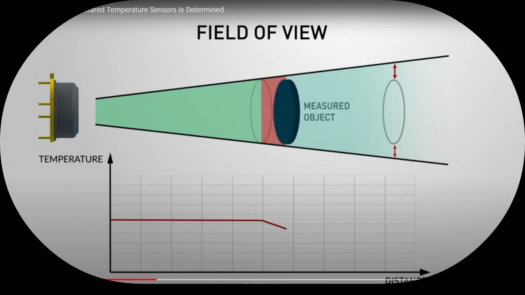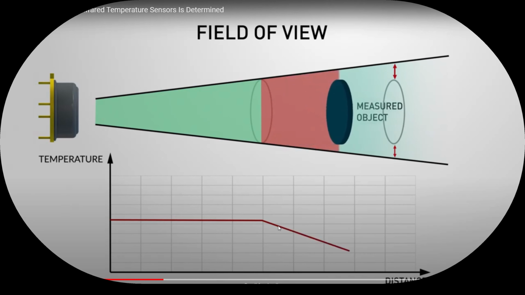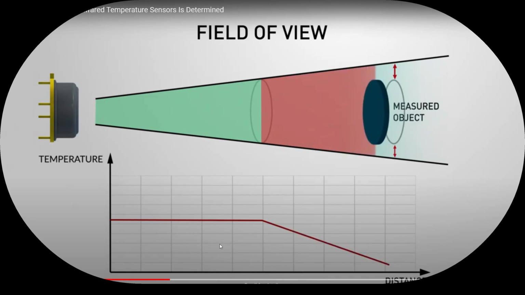But if we miss the focusing area for this object, we will lose the temperature sensing. So we need to take care of this. This is one of the disadvantages of the pyrometer.